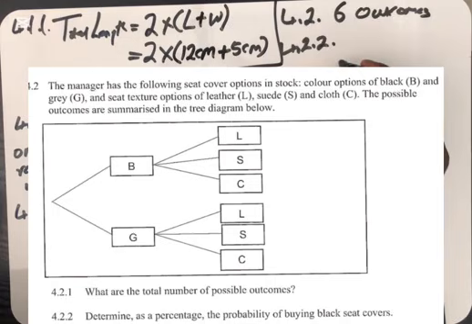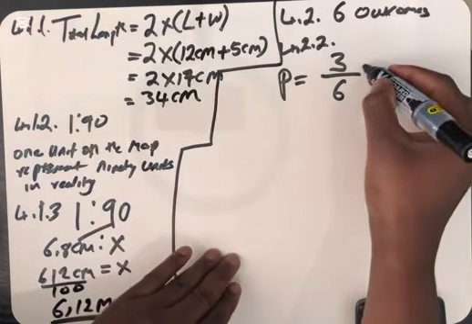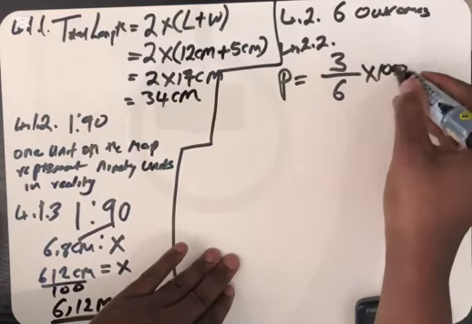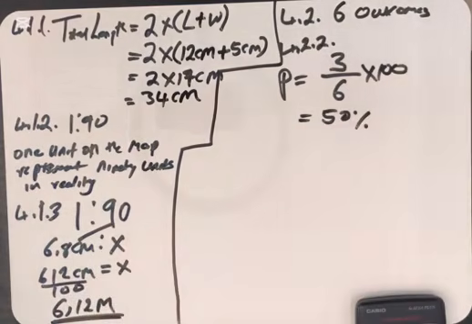So it's going to be 3 over 6. As a percentage, the question is as a percentage. So we must convert this to a percentage by multiplying by 100, which will give us 50%. That's how simple that question was.